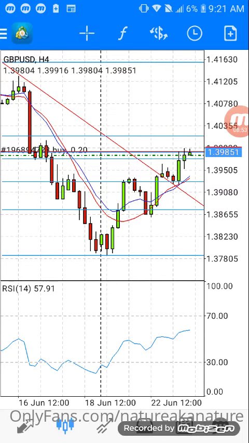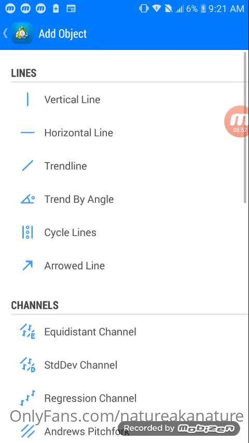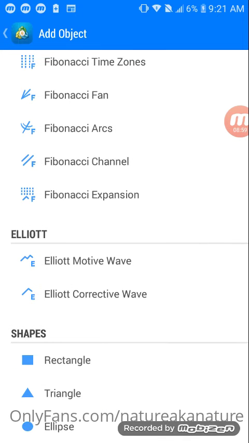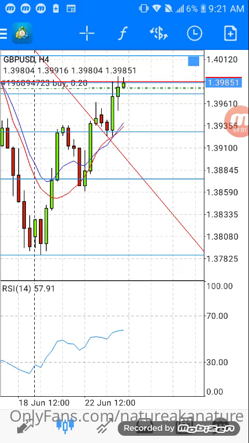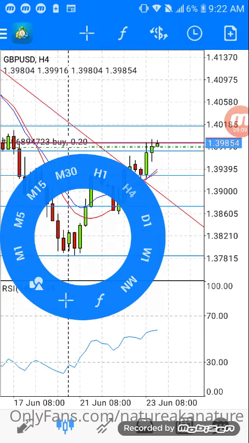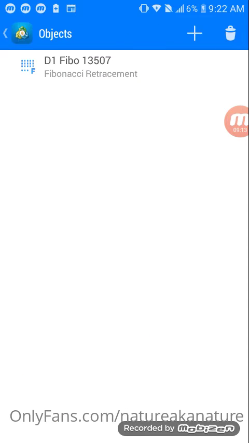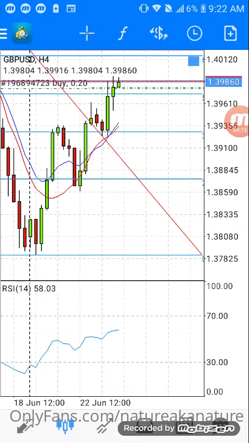Let me see what else I can draw. This was a mini consolidation right here. I'll draw this for you real fast. It was just a mini consolidation, not a big one.